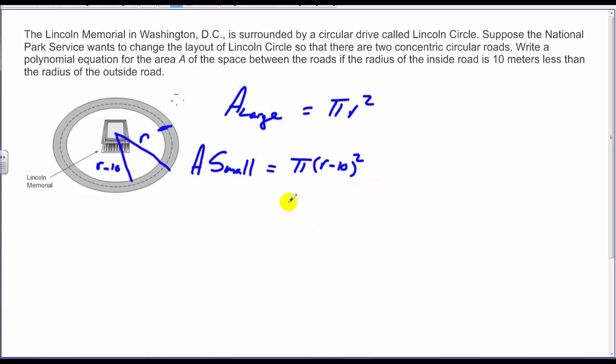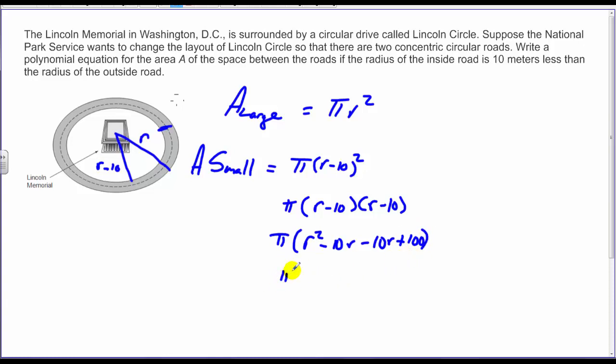And I can FOIL this out, so this is pi times (r minus 10)(r minus 10), which gives me pi times r squared minus 10r minus 10r plus 100. Distribute all that through, so I've got pi r squared minus 20 pi r, plus 100 pi.